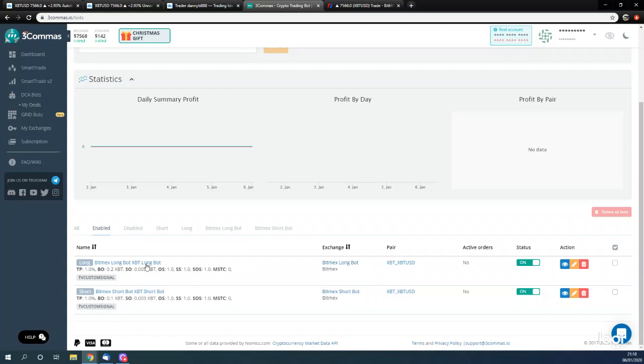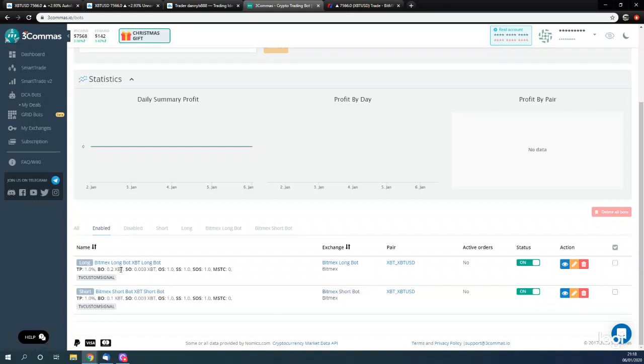You have to have one dedicated bot for the long trades, and it's a long only bot, and that will then go to a Bitmex that you use for those long trades. And then the short bot is a short only bot that goes on to a Bitmex account that you use for the short trades.